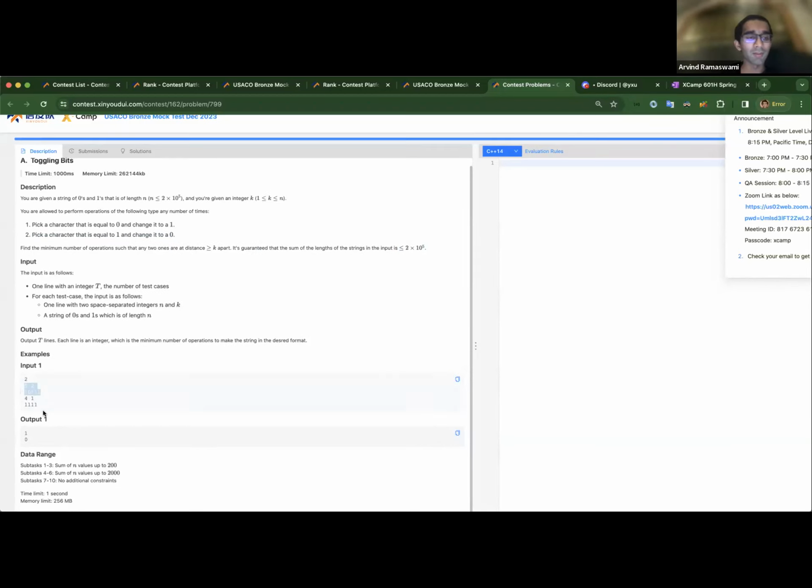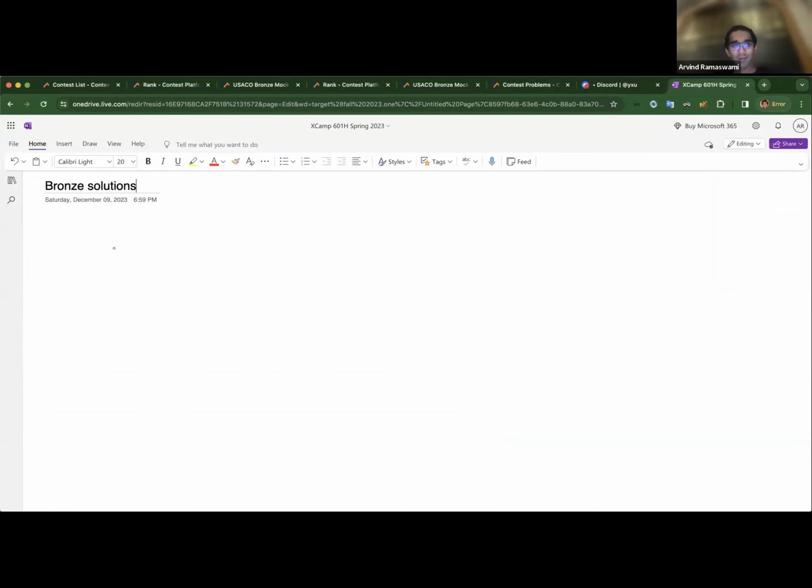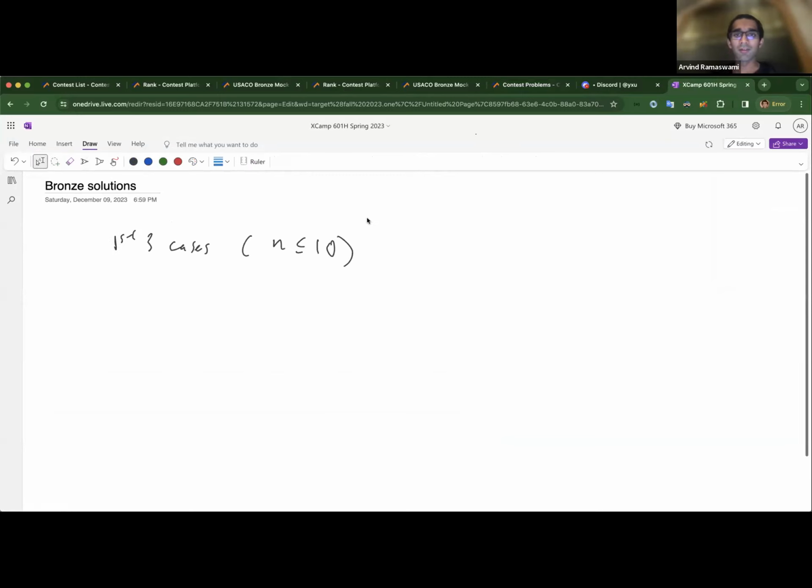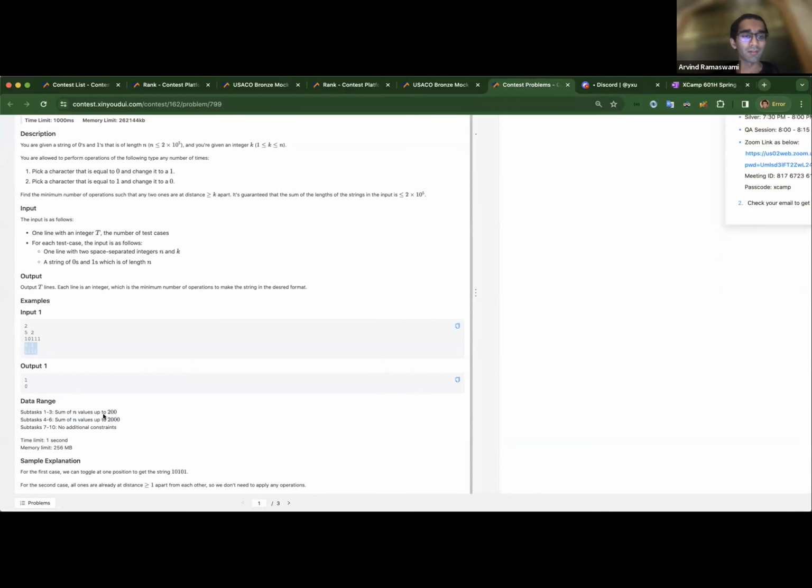So yeah, I gave some sample cases. I guess we can talk about the first three cases. It was like n is at most 10. I think in the test data, sorry, I forgot to change this, but it's the sum of n values up to 20.